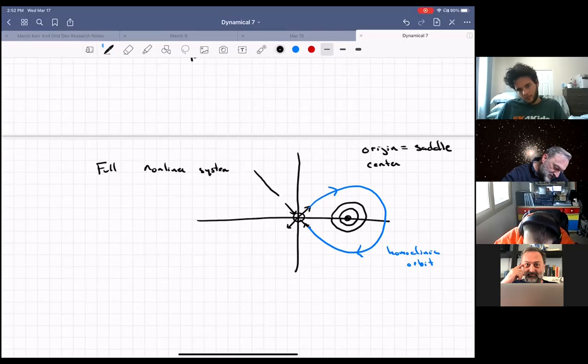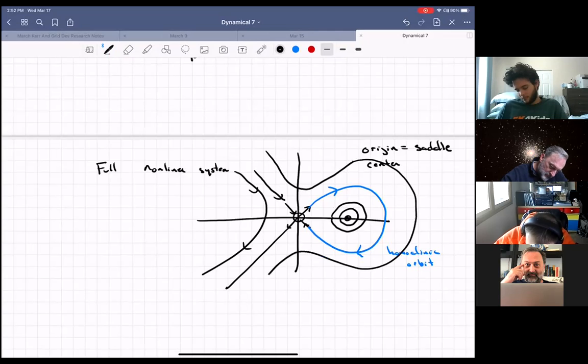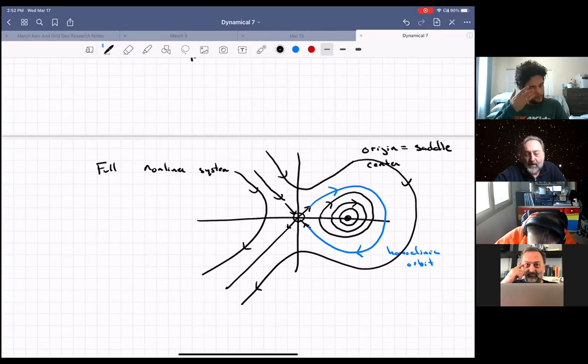So the full phase portrait would look something like this, where the homoclinic orbit is separating a region that has closed orbits inside it from a region that's outside for which there's a saddle sitting next to it.